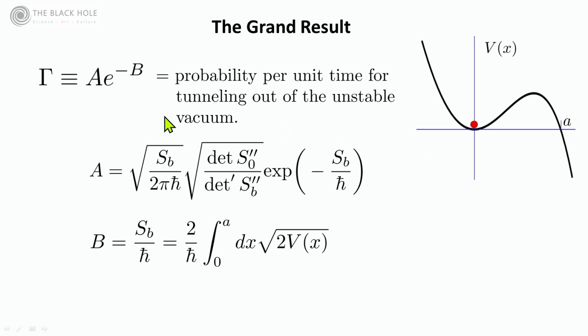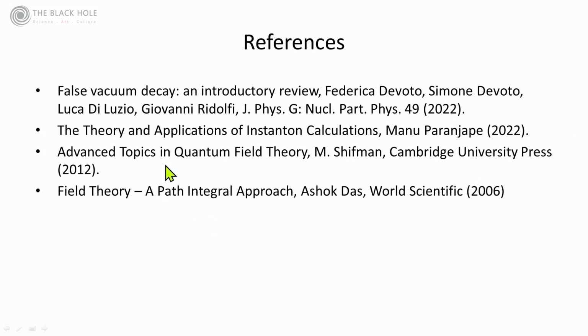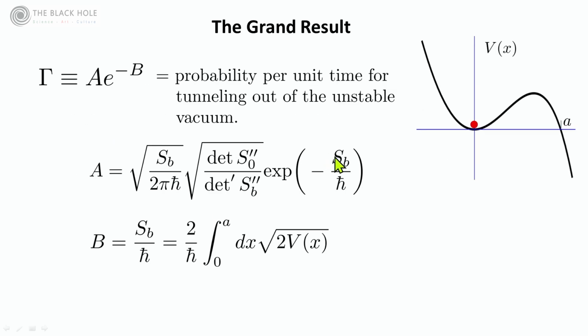But what is the result? A is this thing. It's not simple. S_B is simple. This action here is simple. We've calculated that S_B is this thing, 2 times the integral from 0 to a of dx square root of it.